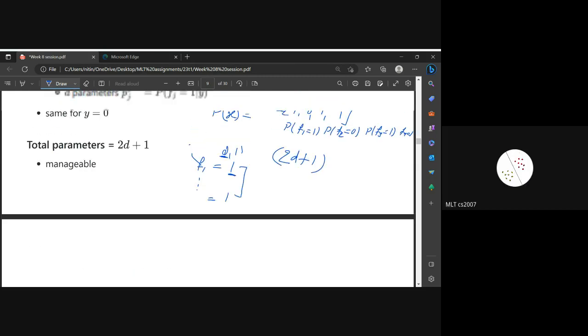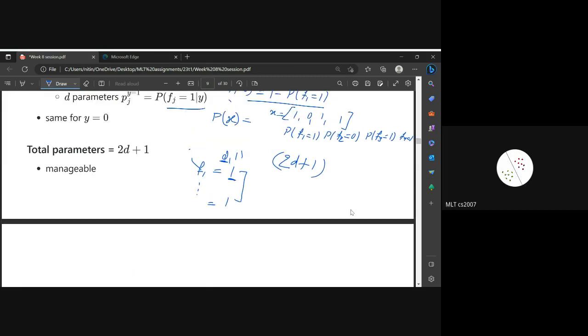So in this case, you have to estimate only 2d plus one parameters. Now assume you have a k-class classification problem, with classes 1 to k, and every feature again takes values, let's say 1 to p. So every feature can take p values. How many parameters do you have to estimate in this case?